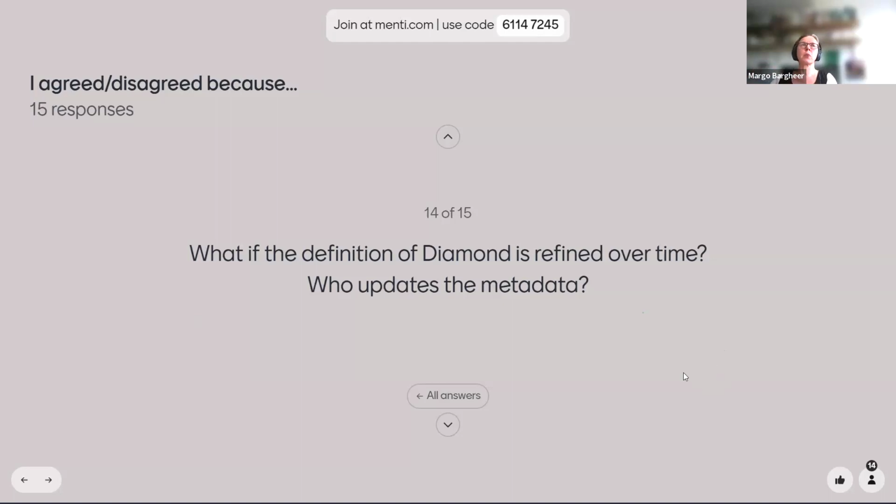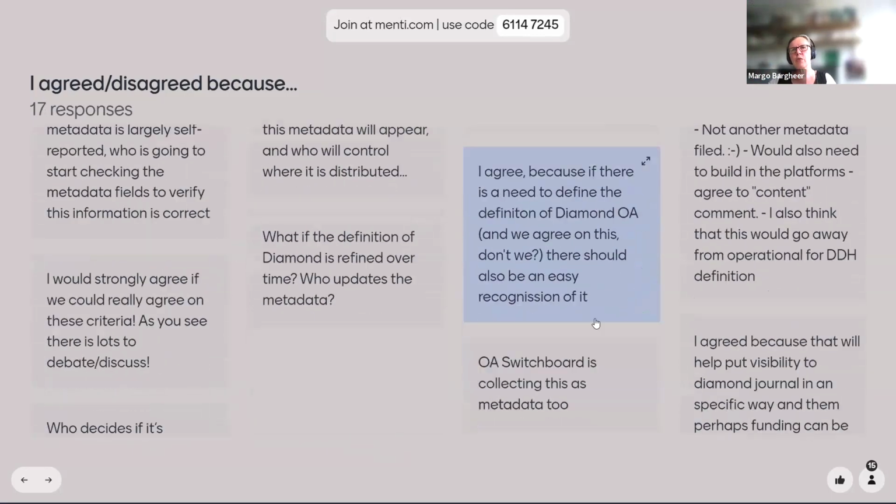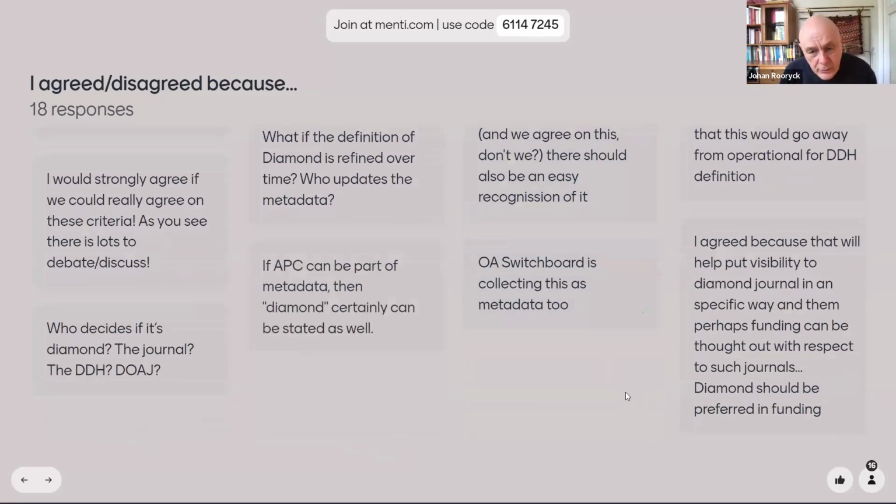When it comes to diamond open access, we're talking about flavors. So this will stay difficult, but just because it's difficult, we should not say we don't do it. Then it's only open access, and the only thing that we check for is has fees or has no fees. Yes, exactly.